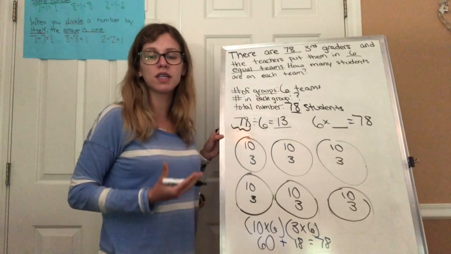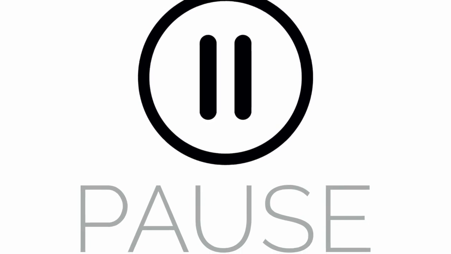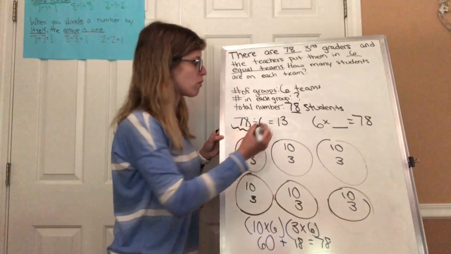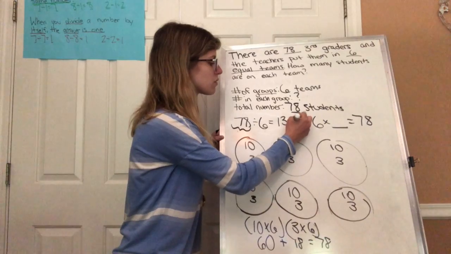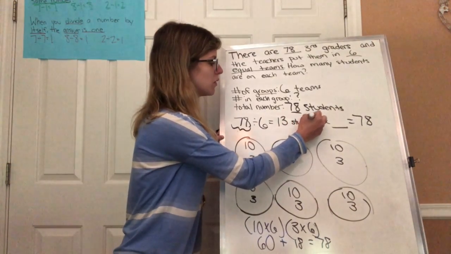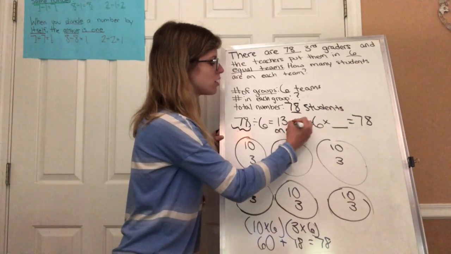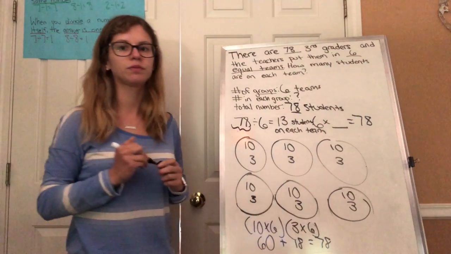What does 13 now represent? 13 represents the number in each group, or the number of students on each team. I need to label it. 13 students on each team.